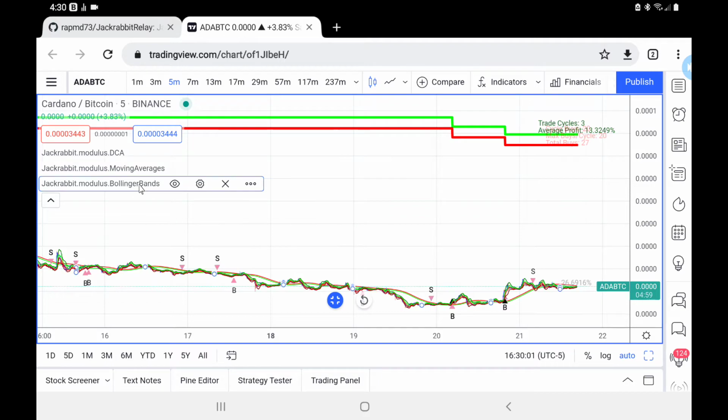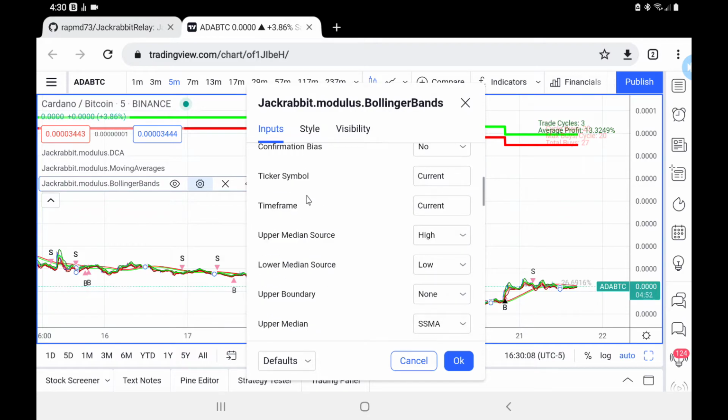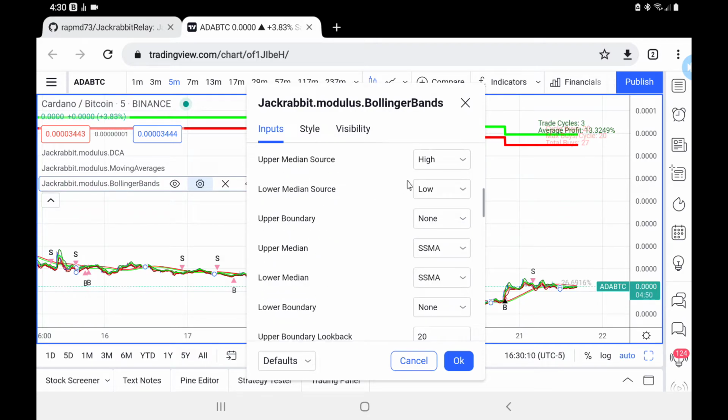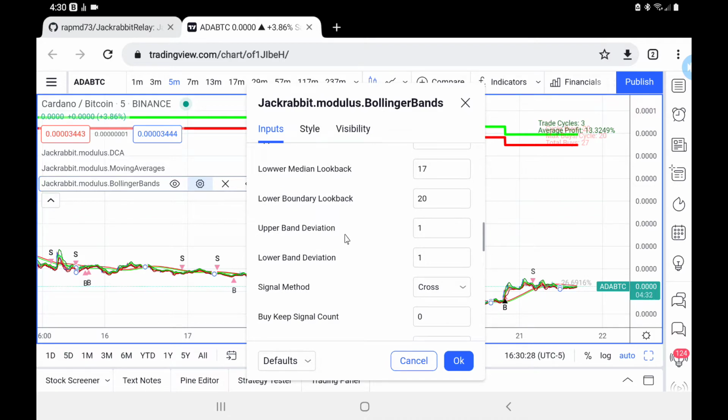For Bollinger Bands, for volatility, this is not as aggressive as I normally like. Split channel though, I'm also using the super smooth moving average, and I'm using a very short median compared to what I normally use. I'm also using a very small deviation.